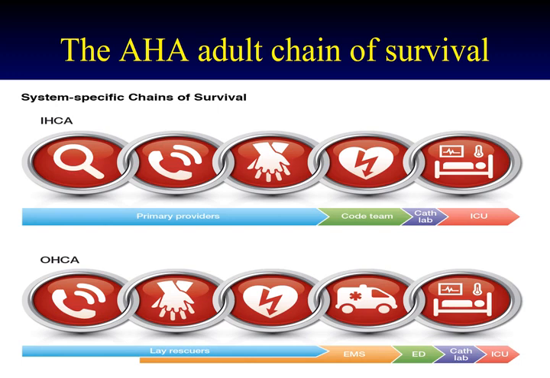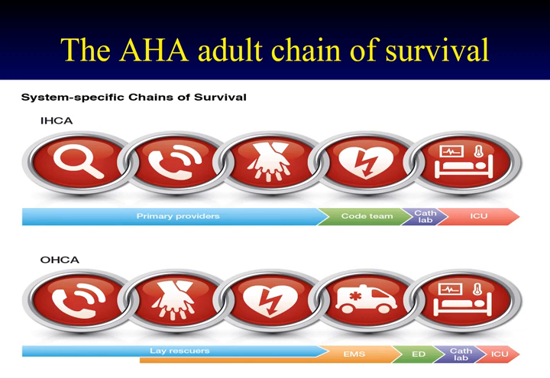The American Heart Association, AHA, adult chain of survival. Either inside hospital or outside hospital, you have to rapidly recognize the arrest, start high-quality CPR as early as possible, use a defibrillator on arrival, and advanced life support and post-cardiac arrest care are important.